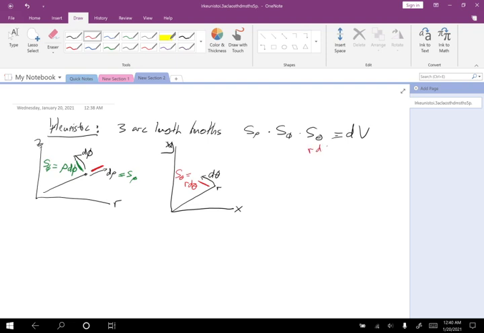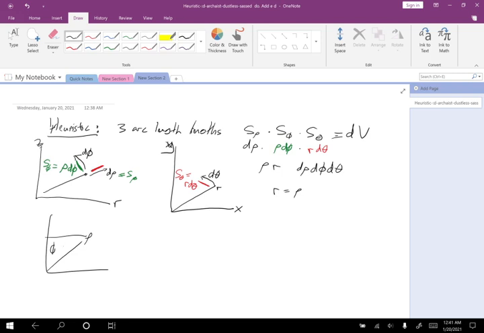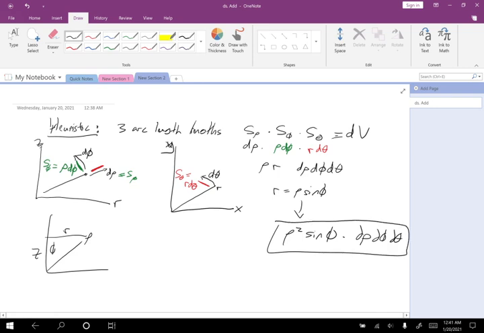So we have r d theta, we have rho d phi, and we have d rho. The product of all these things will be our dV. So we get rho r d rho d phi d theta. And because we know that r equals rho sine phi, we get rho squared sine phi d rho d phi d theta. That's exactly what the spherical volume is supposed to be.